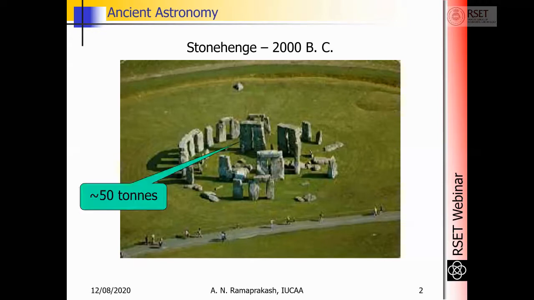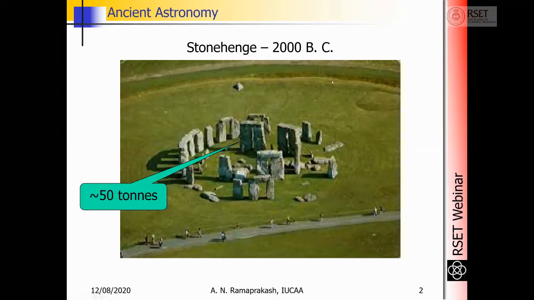And even more amazing is some of these stones are 50 tons heavy, and the kind of rock from which these stones have been cut out is nowhere seen in southern England. The nearest place from which these kind of stones could be quarried is 100 miles away at least.